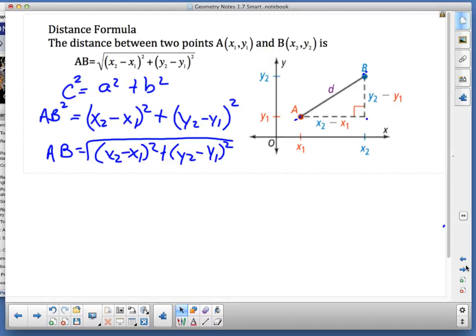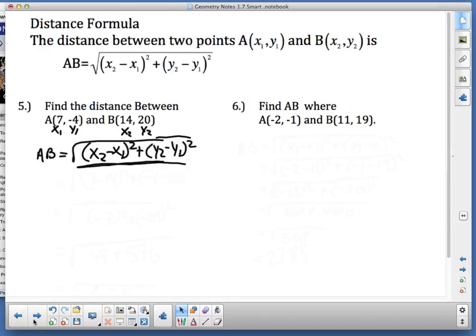Okay. Now, this is the formula we're about to use, and it's the same formula I'm going to have on the problem. It's the same formula at the top of the page right there. Again, just like midpoint, we have x's and y's, except we're working with differences instead of adding.